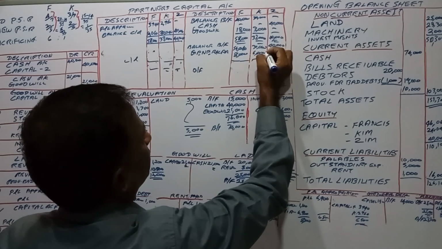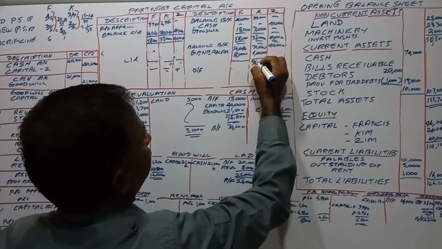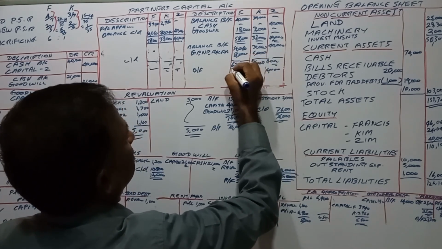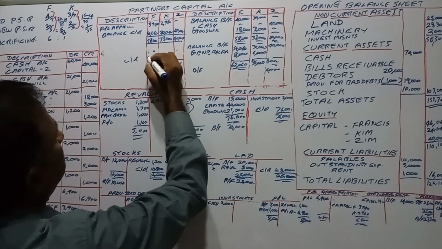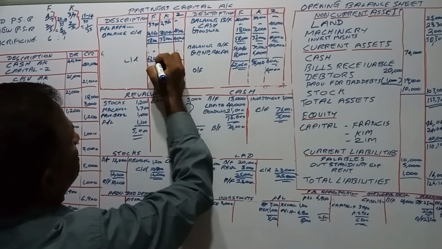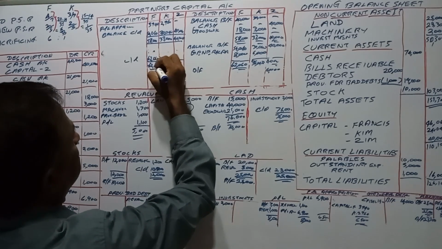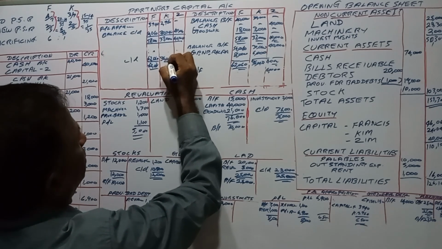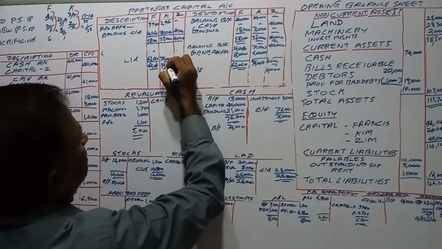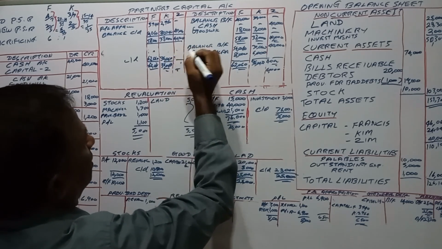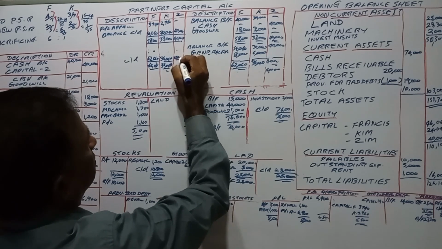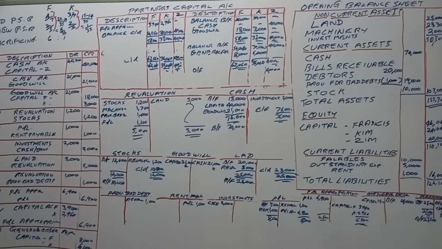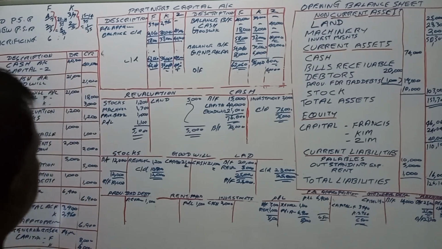Then 36,040 and 62,060, right? 62,060, and 36,040, and this is 40,000. Okay, it's okay. So there is a 300 rupees difference, right?